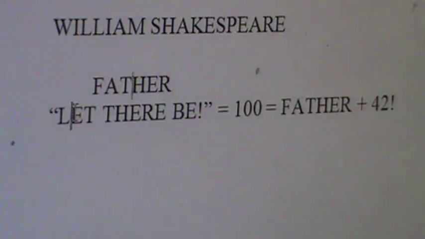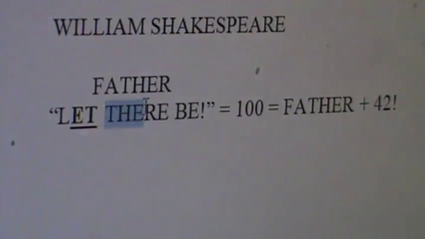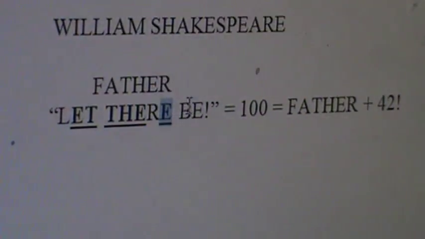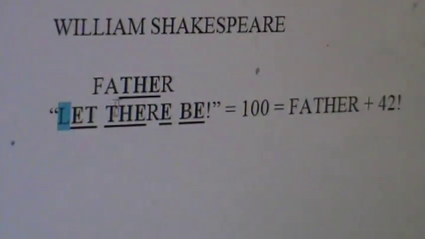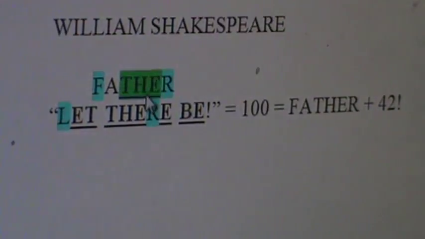So this is amazing because let there be is pure plus 2s. Pure plus 2s. And amazing, the 2 letters that do divide by 3 also divide by 6 just like they do in Father. Wow. And there's the TH in order. Look at this. Oh man.